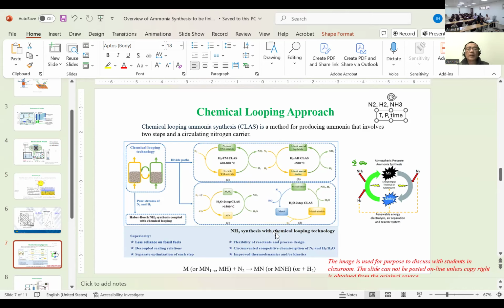Well, let me give you a basic theory. Chemical looping for ammonia, since the audience has not heard of chemical looping: the whole idea of chemical looping is to break the equilibrium control.